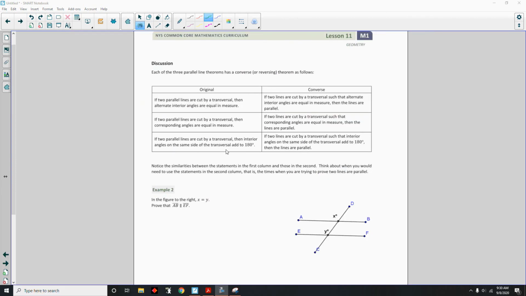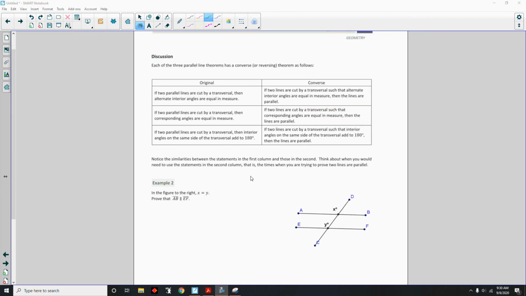Okay, page 4 brings us to a discussion, but before I go any further, it says here that each of the three parallel line theorems has a converse or reversing theorem as follows. Keep in mind from back in 8th grade, you did some logic, and you have a hypothesis that results in a conclusion. Hypothesis, then conclusion.